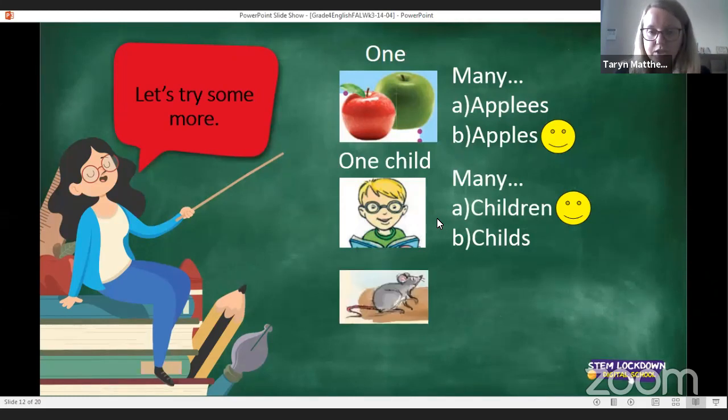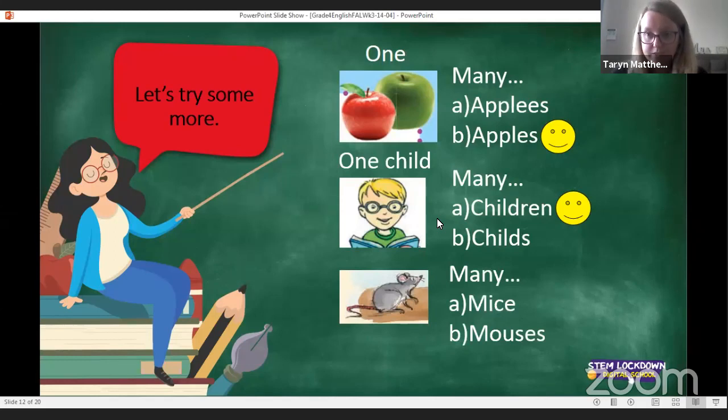Now my next picture is a what? So it's not a rat. Yes, it's a mouse. So if I have one mouse in my house, can I have many mice or many mouses in my house?